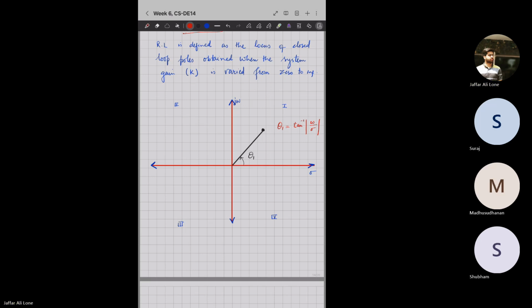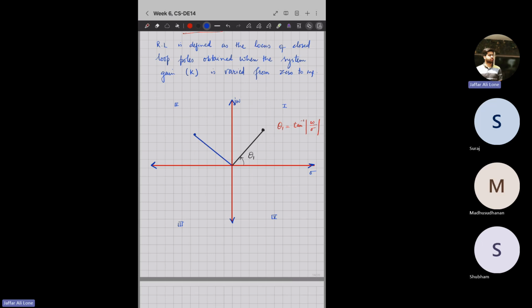Now let's assume I have another point in the second quadrant. How will I measure this angle?